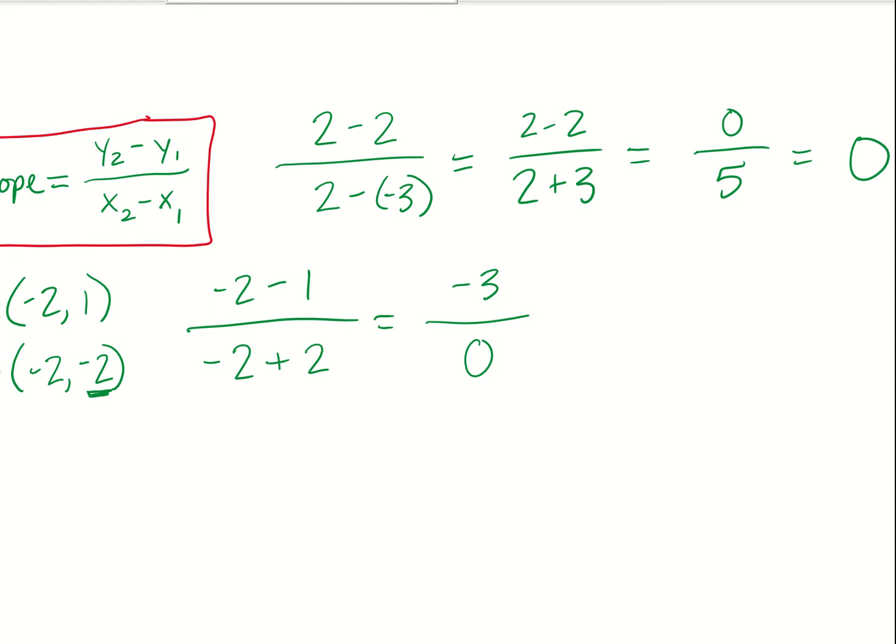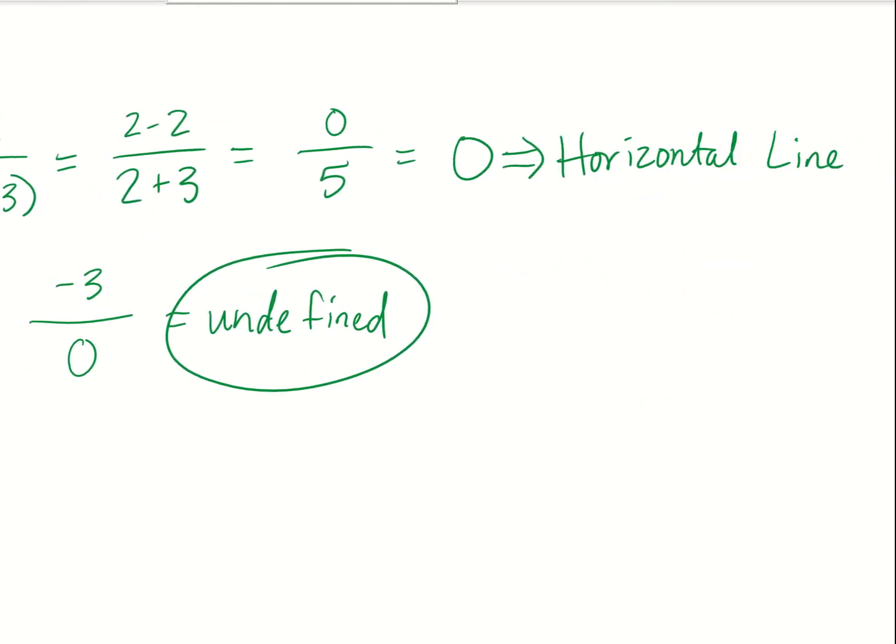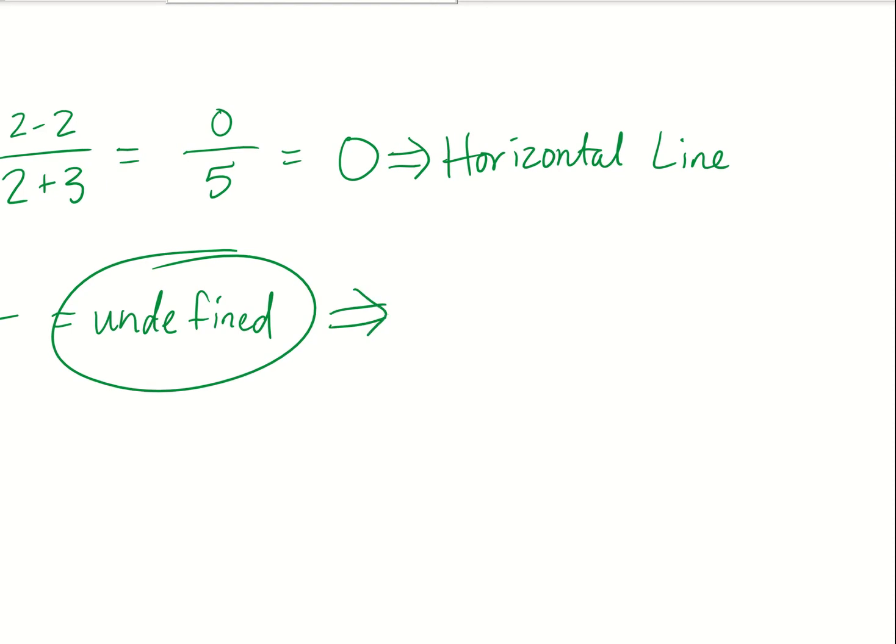If you try to type in -3 divided by 0 in your calculator, you get some error message. I don't remember if it's syntax or not. If you end up with 0 as your denominator for your slope, that means your slope is undefined. If your slope is undefined, that tells you that you have a vertical line.